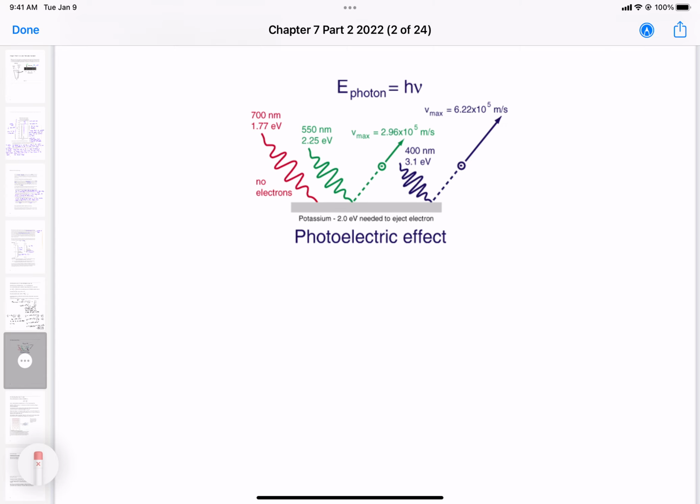So there's some things we can summarize here, that light exists as particles. Okay, light exists as particles, and travel with energy of, let's say, a finite amount.